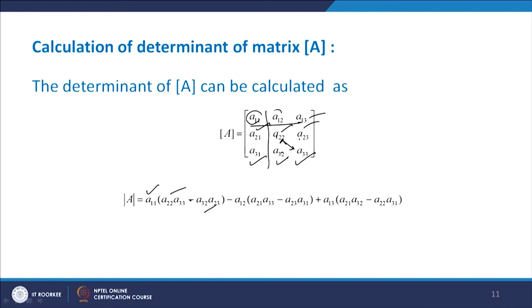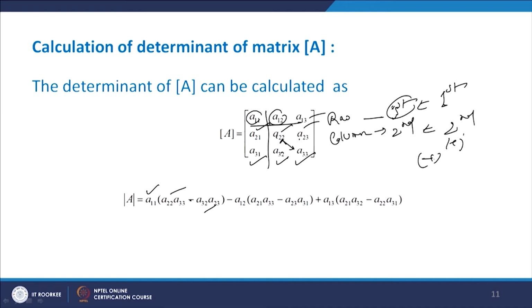Now, to get A12, I have used a negative sign, because this lies in the first row, and what is the column? The column is second. That is first row, second column. So 1 plus 2 is 3, which is odd, that is (-1) raised to i plus j.